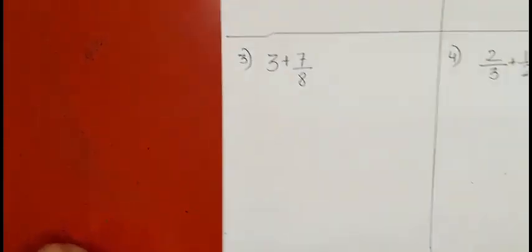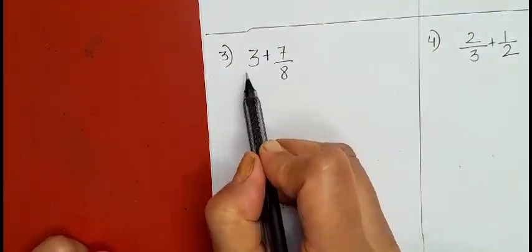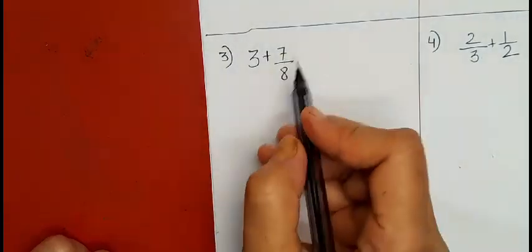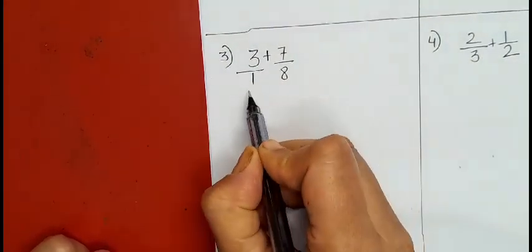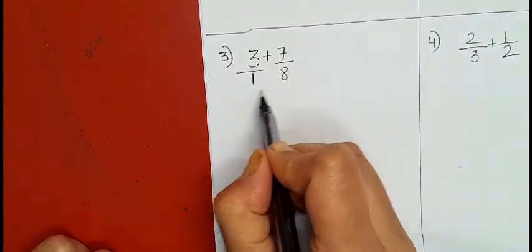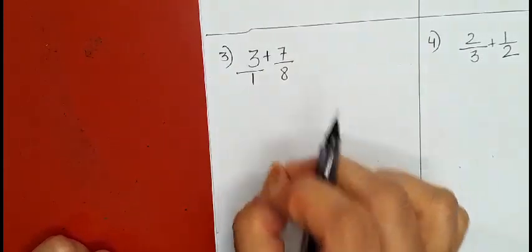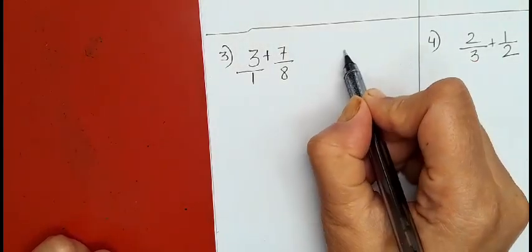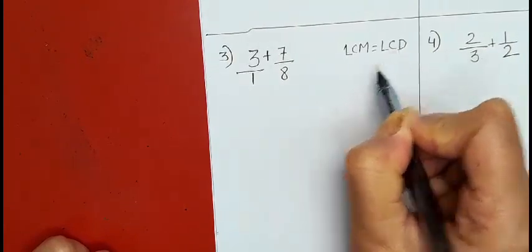Now let us turn to our third example. Here in the third example, we have been given a whole number. A whole number means it has denominator 1. Now as both the denominators are unequal, these are also unlike fractions. Here we'll get the LCM or LCD as 8.